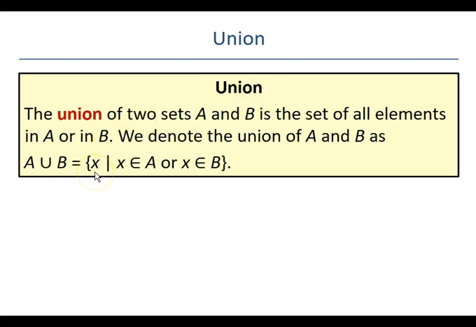Well, X is such that X are elements of A. Now notice the word or is the union word. Sounds like a quiz question for me. And X are elements of B.